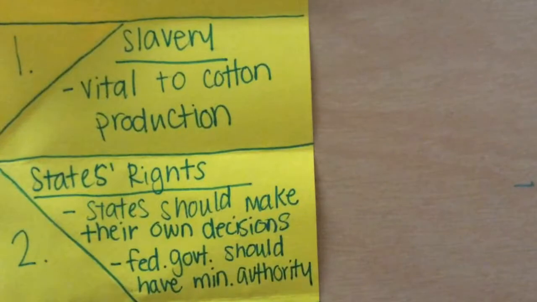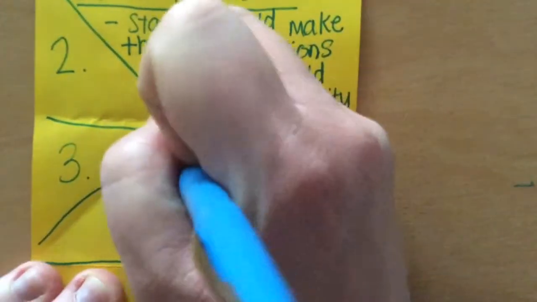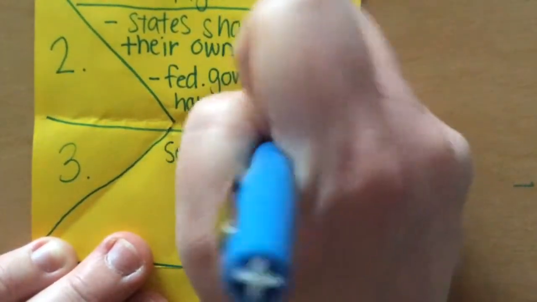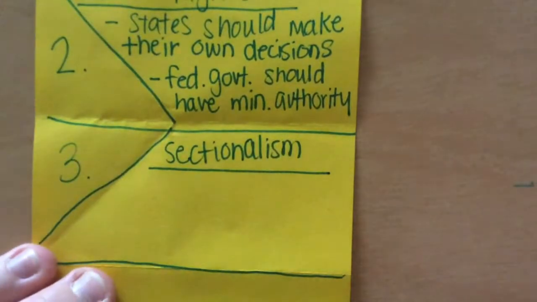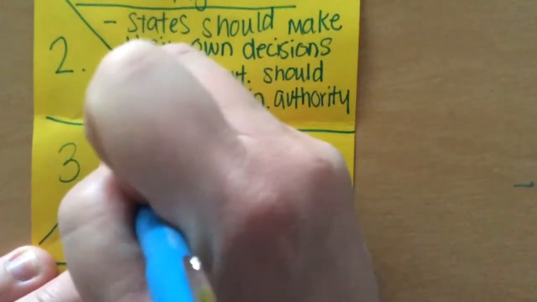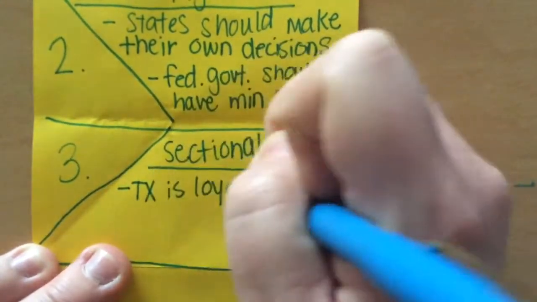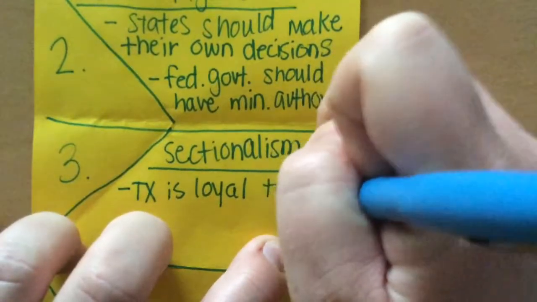So far we have slavery and states' rights. The third reason is going to be sectionalism. Sectionalism is a loyalty to one's region. So Texas is loyal to the southern states, also known as the South.